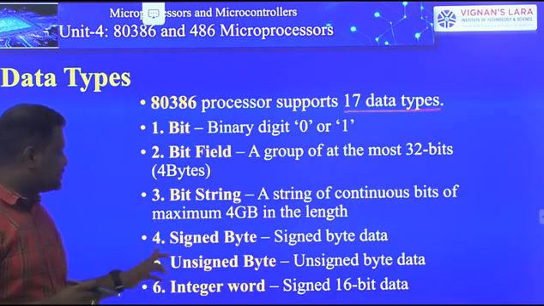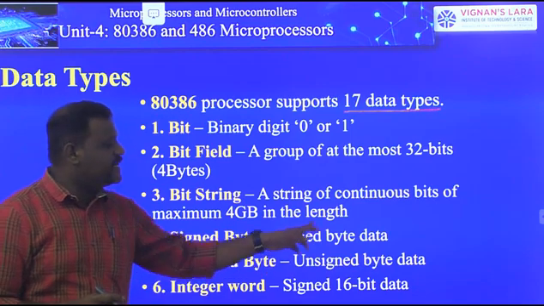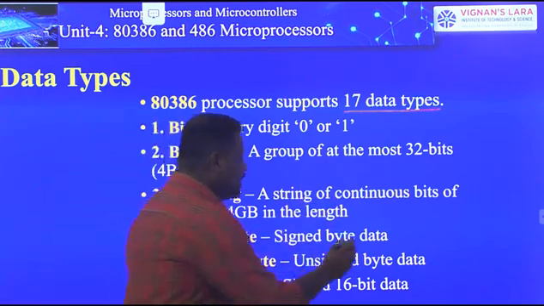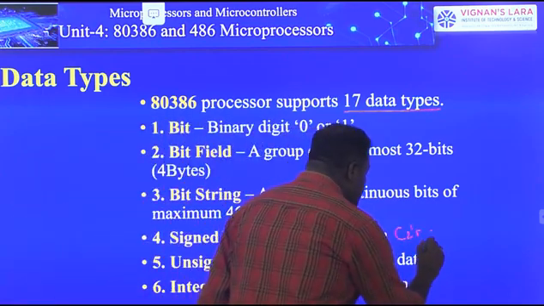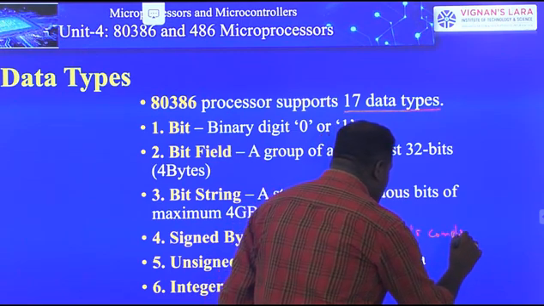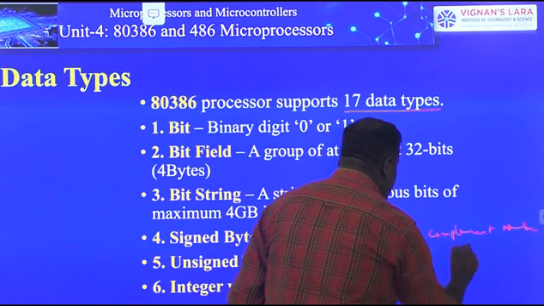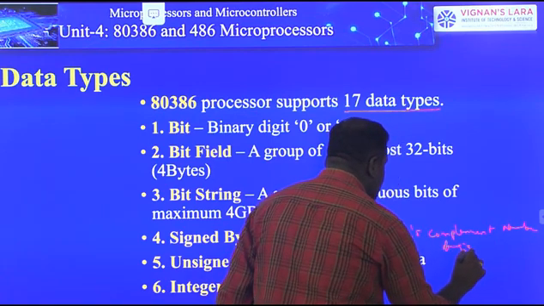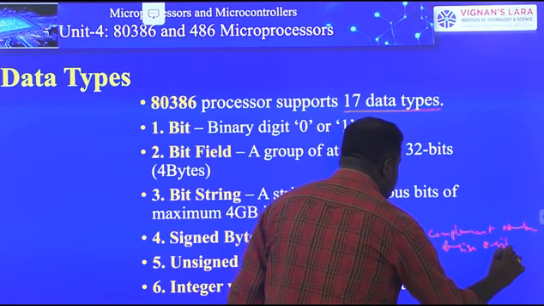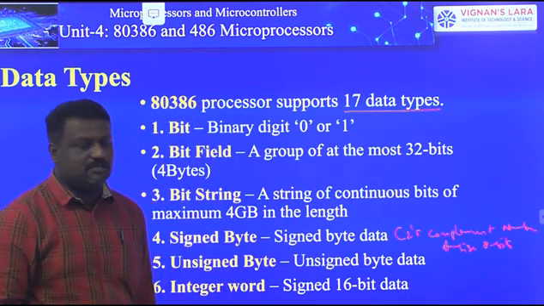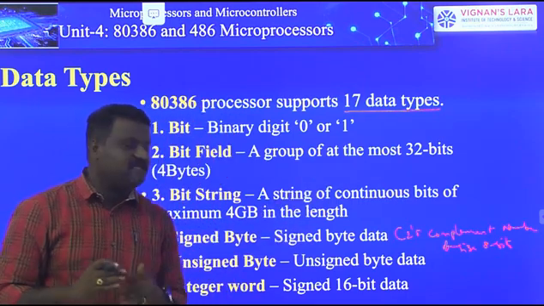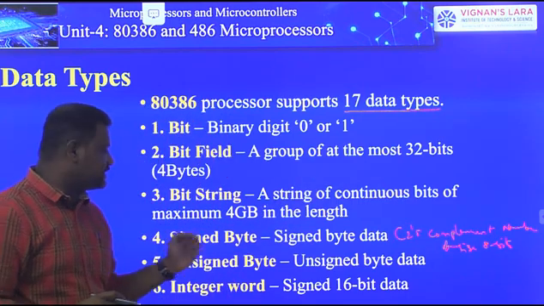That we consider as a signed byte. A signed byte of data is nothing but a 2's complement number of size just 8 bits. That's what we can call a signed byte.